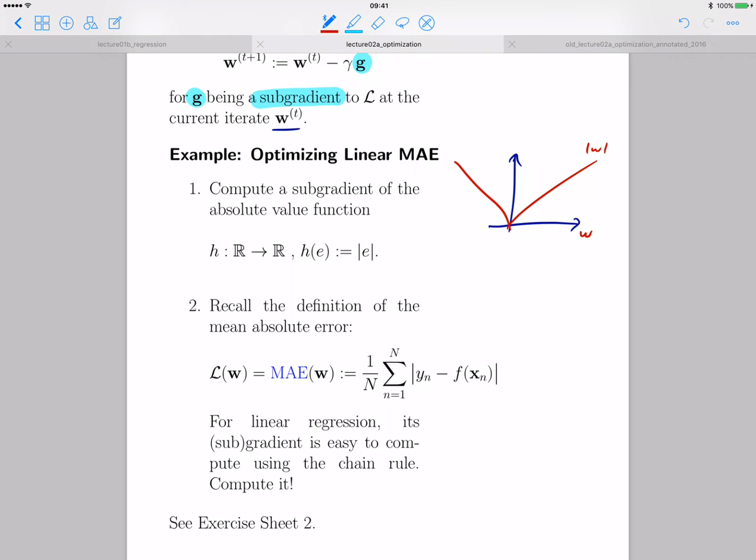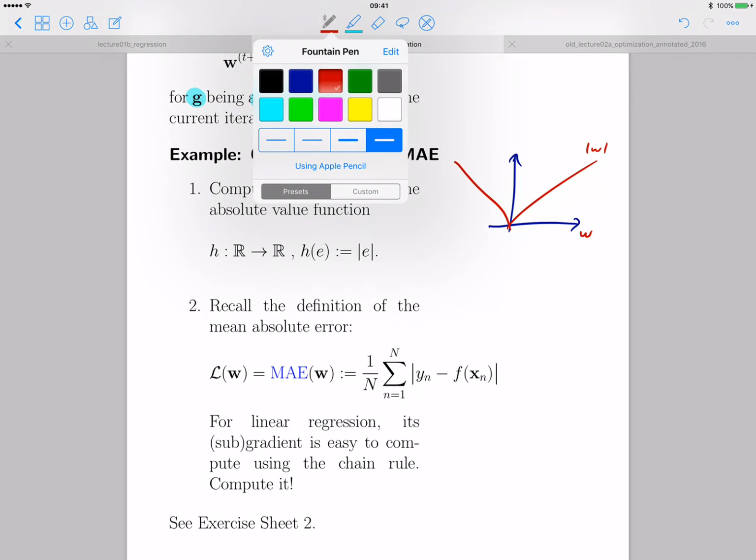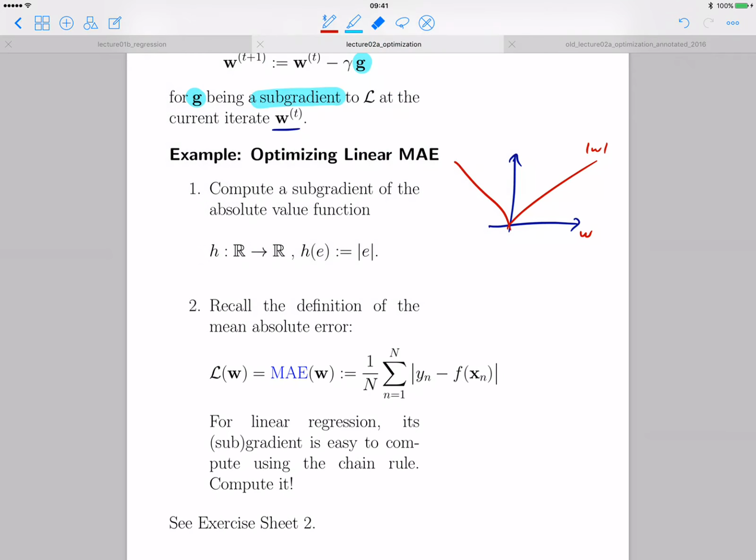Okay, can anybody tell me, depending on, let's call our variable e, maybe it's a bit easier, what actually is the subgradient of this thing, depending on my variable? So I'm at the point e, and I'm asking, what is a subgradient here where I am? Sometimes people write the set of subgradients like this.